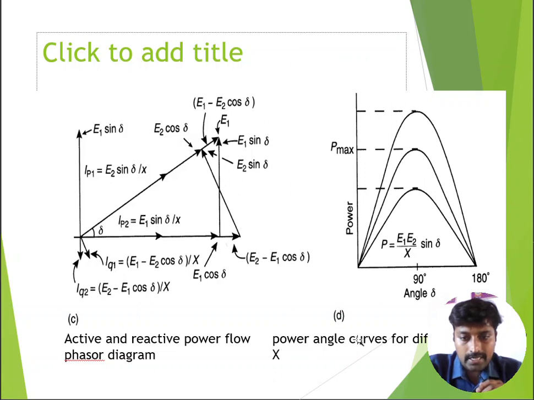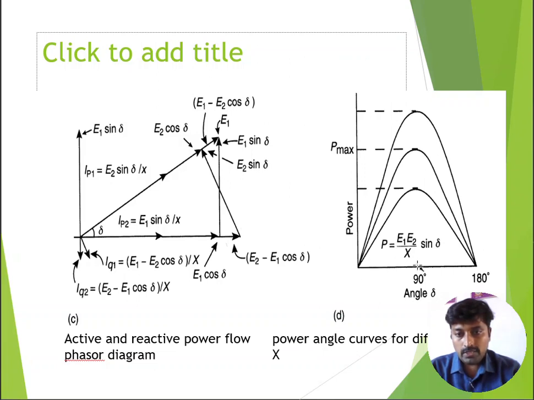So you see this is the power angle versus power characteristic. This is P equal to E1 E2 by X sin delta. Once the delta value is 0, automatically active power is 0.